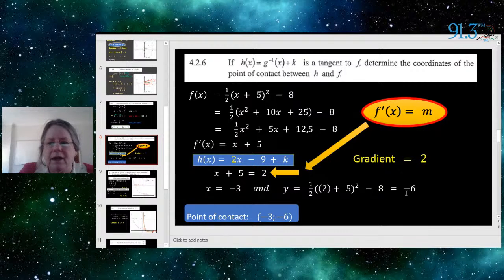And we will get an answer of negative 6. So your point of contact would be (negative 3, negative 6). There are other ways to answer this question. I picked this solution because it hinges around something that we all know, but we don't necessarily know how to apply it.